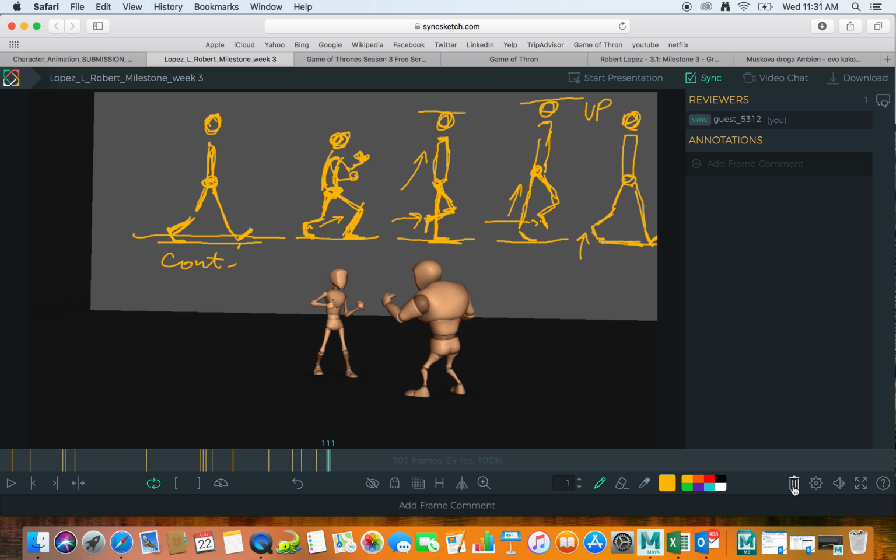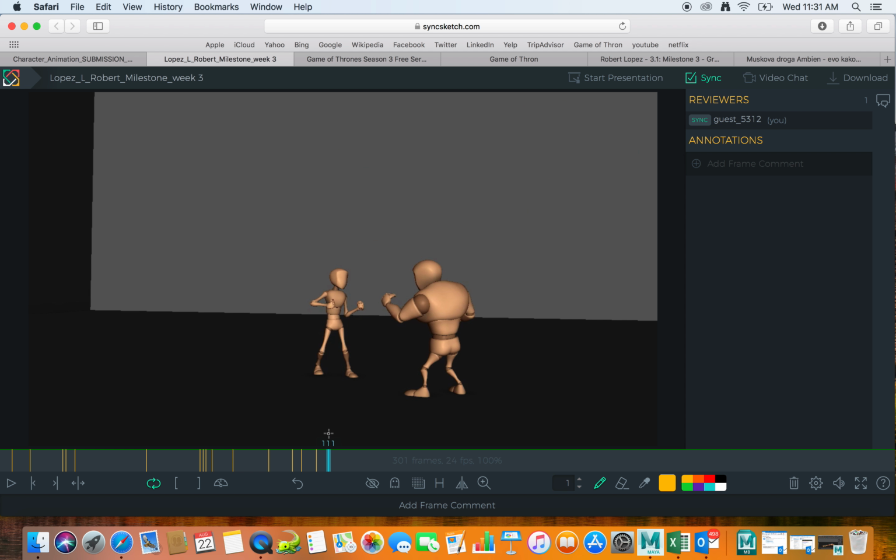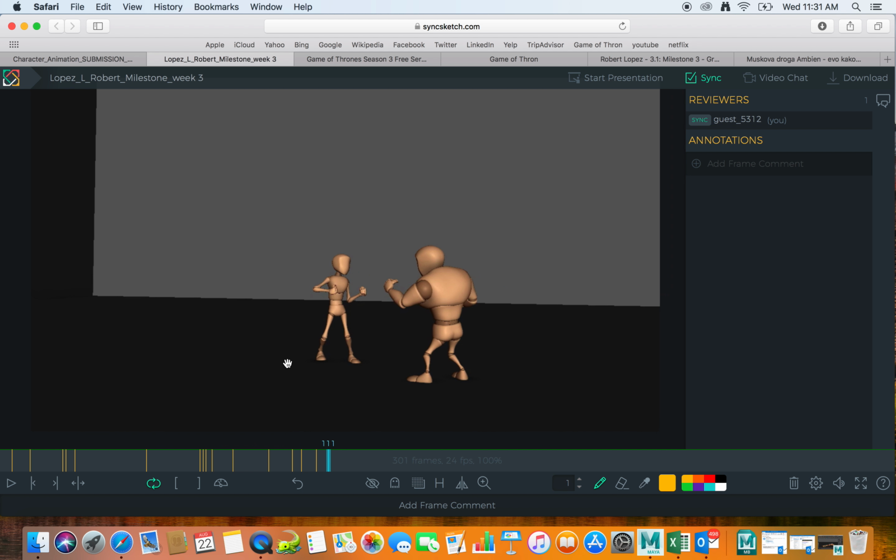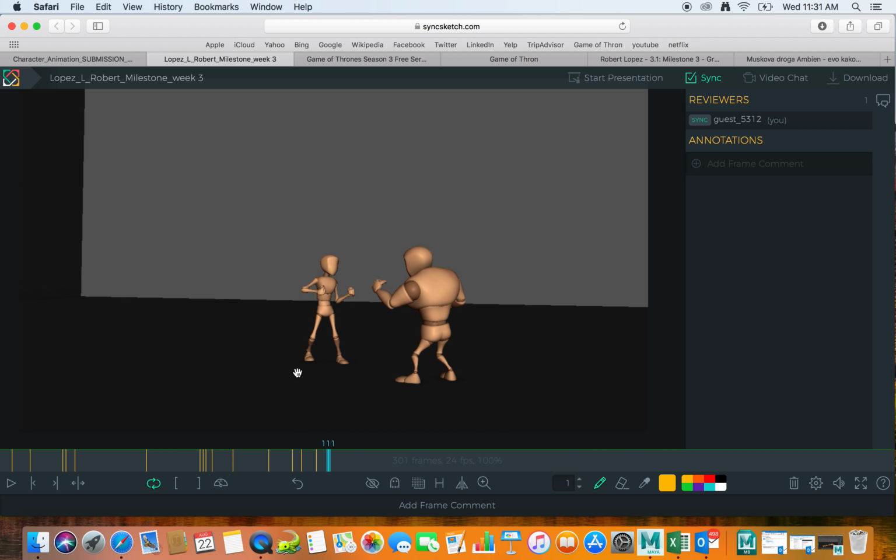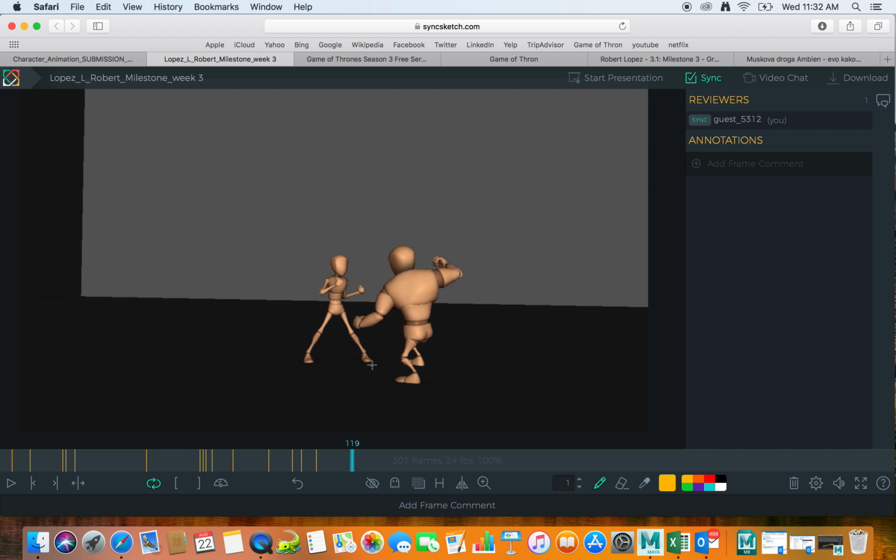So when we have a character moving around here, like here, he puts his leg on the new position here.